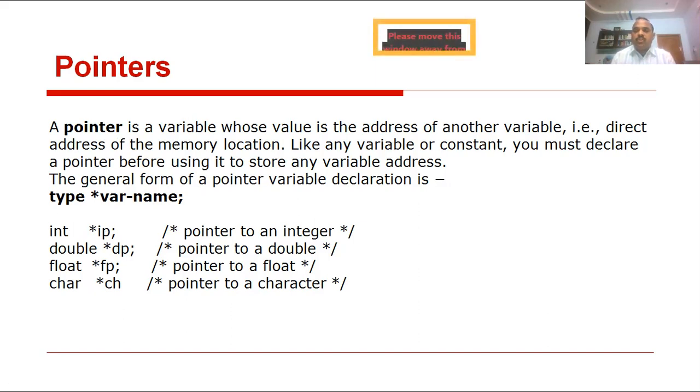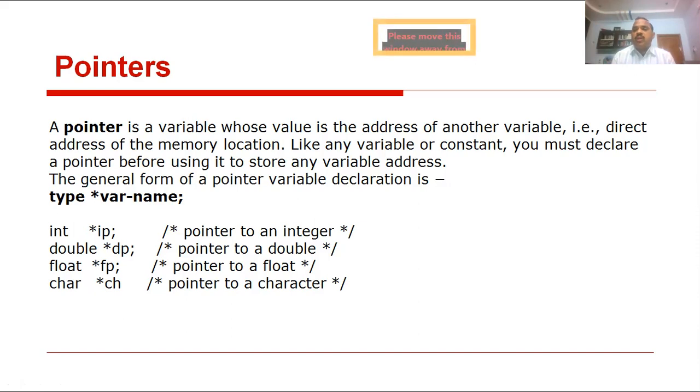So one is the reference operator, which gives an address, and the other is the indirection operator. All of you, a pointer is a variable whose value is the address of another variable, that is the direct address of the memory location.